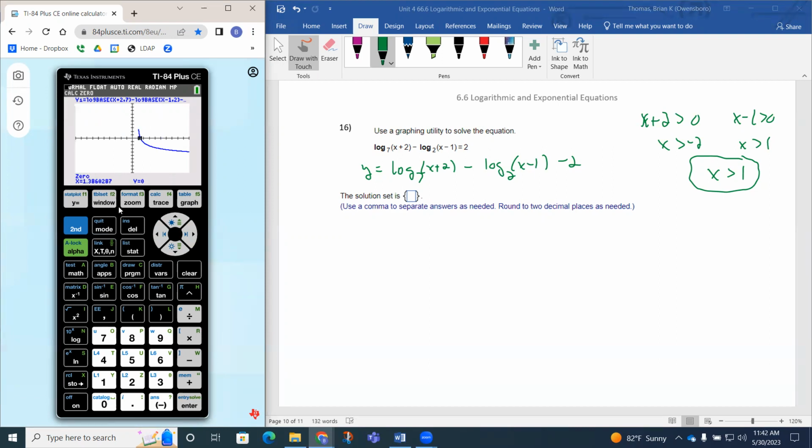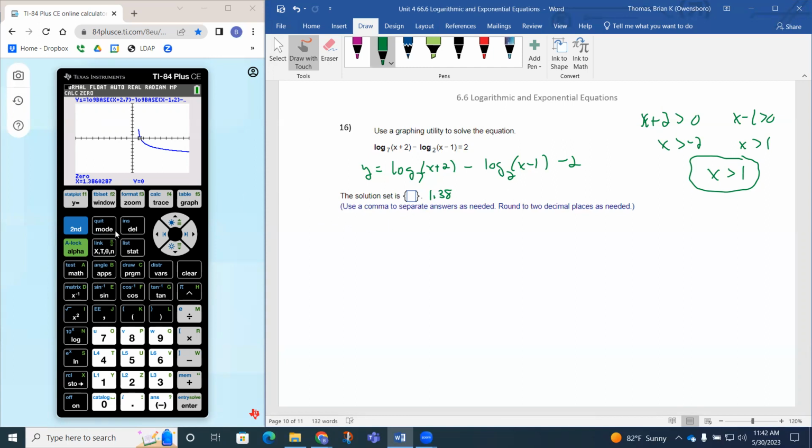This takes me to 1.386. Rounded to 2 decimal places would be 1.38 or 1.39, and that 6 would say move it up, so 1.38. So 1.38 should be the solution if I'm estimating.